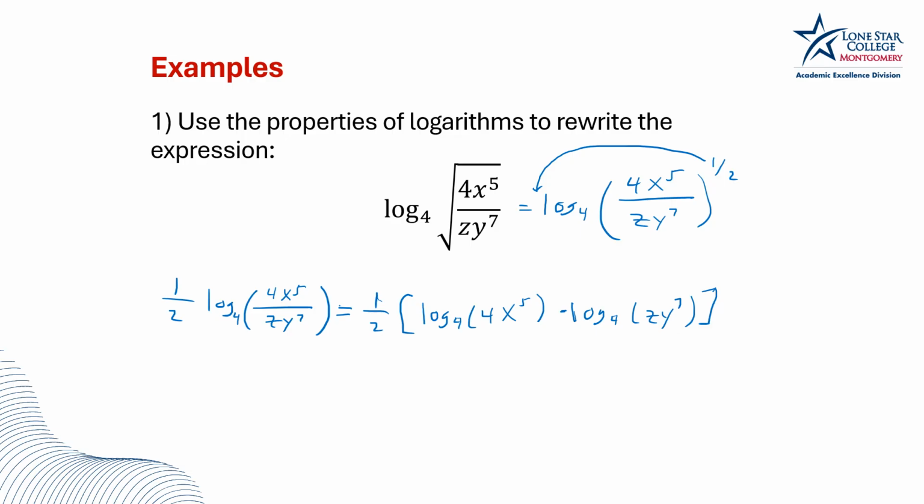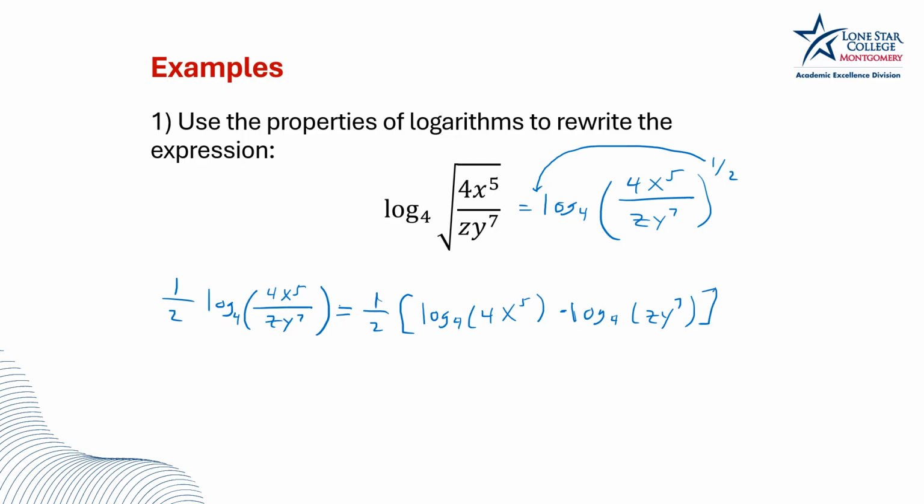Now we can go even further, because each of these logs has multiplication. 4x to the 5th is like saying 4 times x to the 5th, and the other log has z times y to the 7th. Multiplication is a product, so we'll be applying the product property.